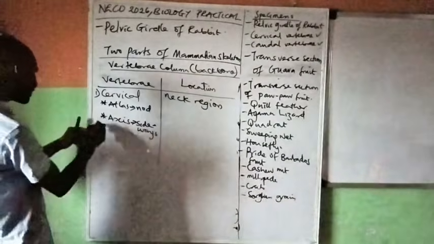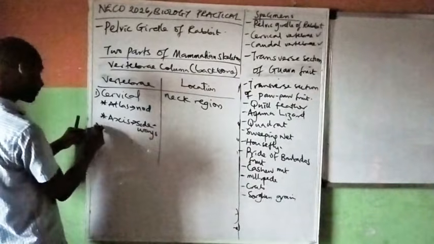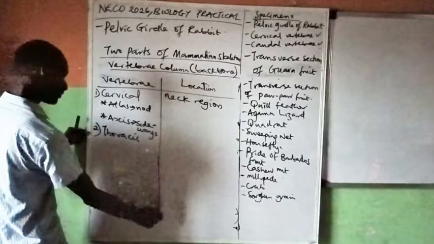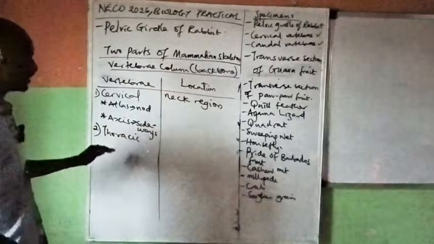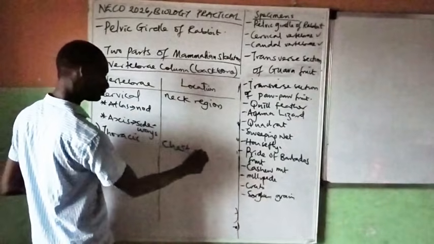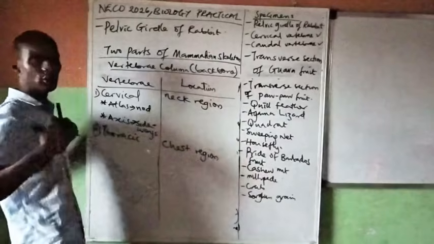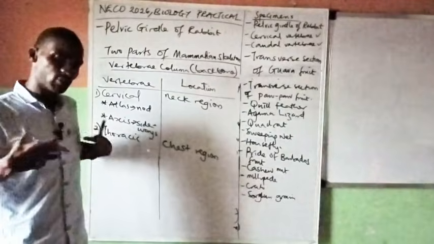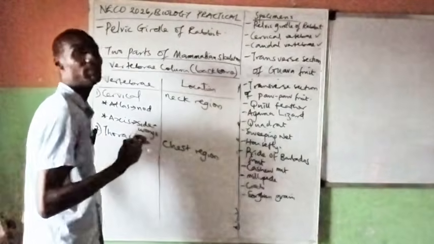All right. So the second one is the thoracic vertebra. The thoracic is found in the chest region. All right. So chest region here, but at the back, you remember we are talking about the backbones.